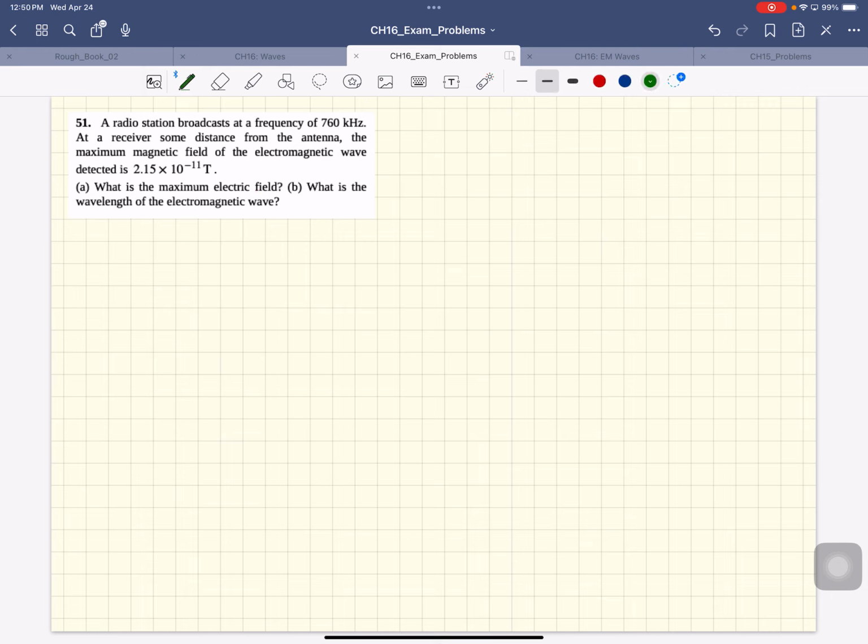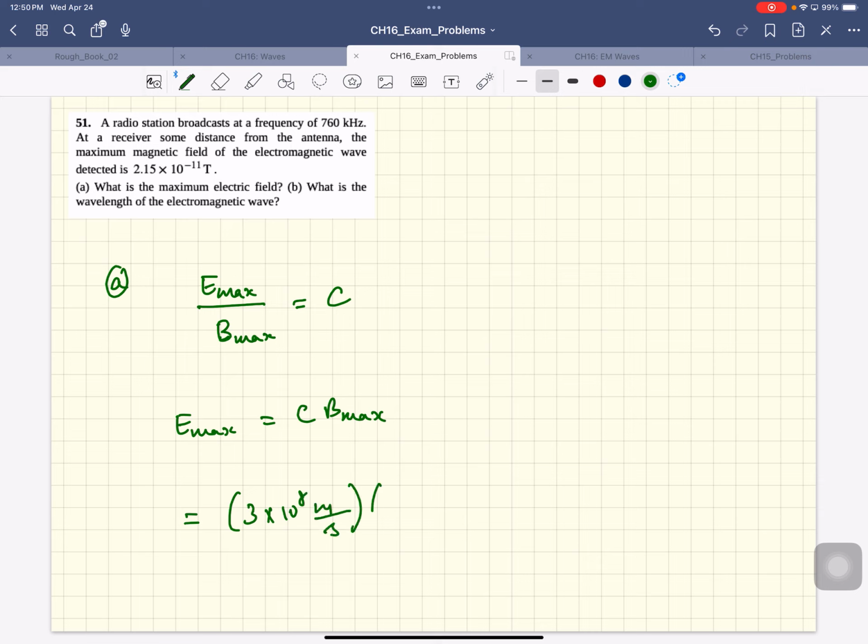What is the maximum electric field strength? You saw that in an electromagnetic wave, the ratio of E max to B max is equal to c, the speed of light. c is 3 times 10 to the 8 meters per second, and B max is 2.15 times 10 to the minus 11 Tesla.